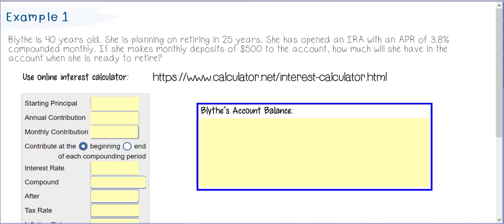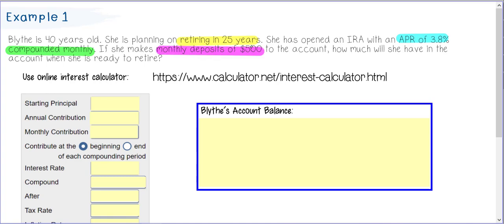We know that she's retiring in 25 years, so that gives us a length of time. She opened an IRA with an APR of 3.8%, compounded monthly, and now she's making monthly deposits of $500.